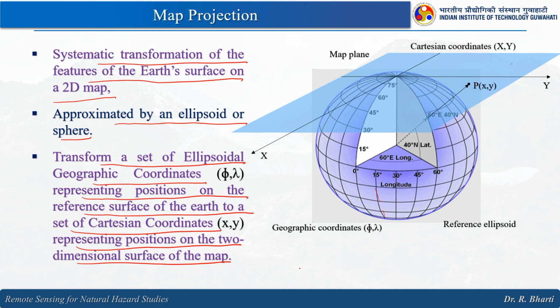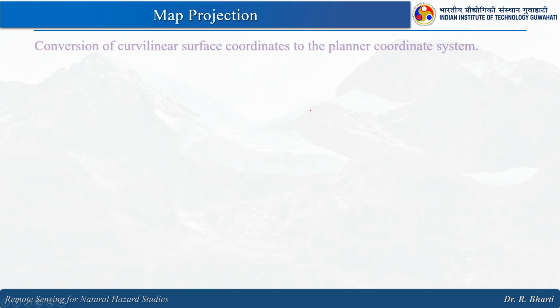So, here basically you have the approximated surfaces, it can be your ellipsoid, it can be your spheroid, and you are transferring this information onto these maps. So, that is map projection.